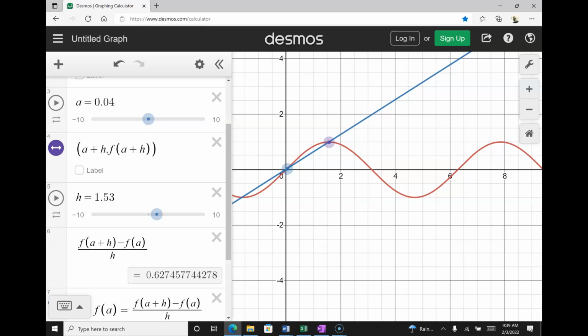Notice when I'm sliding a, h stays fixed. And what is h here? The distance between the 2 points in the x direction. How wide that piece is.